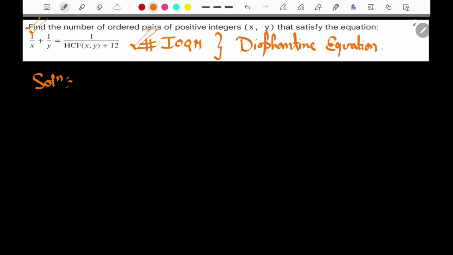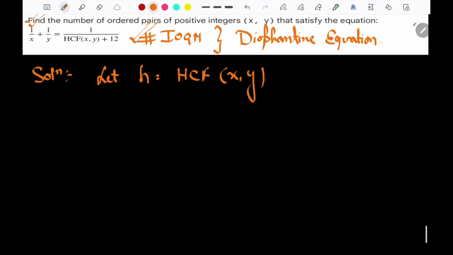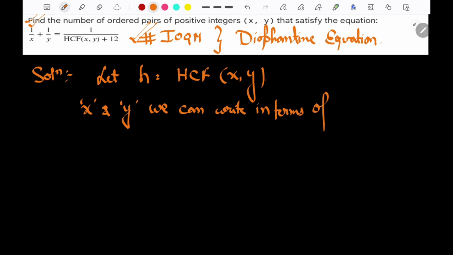Now here let us consider h is equal to HCF of x comma y, say. Now x and y we can write in terms of h. Now, what is the strategy here? The strategy is simple, that we are required to solve the equation.